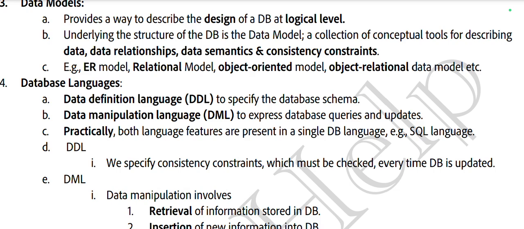The second type of language is the data manipulation language, to express database queries and updates. This language performs different queries in the database and update operations in the database. The update and query operations are done by the data manipulation language, DML.